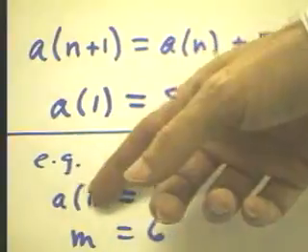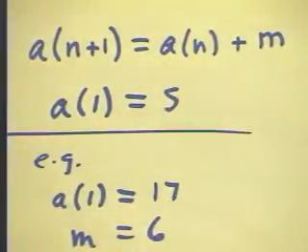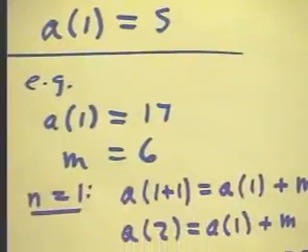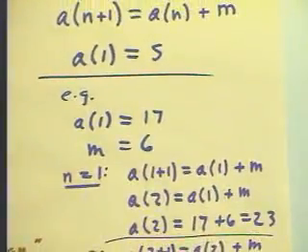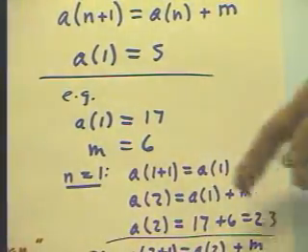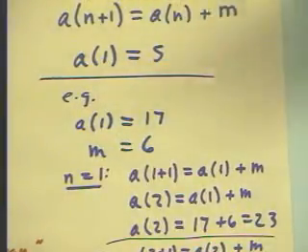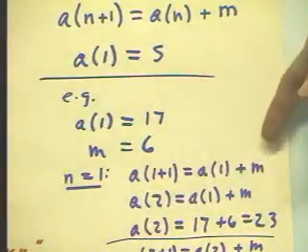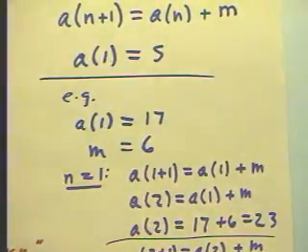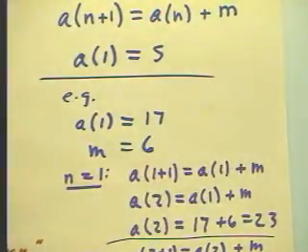So for example, if we have a_1 equals 17 and m equals 6, we can apply the rule as follows. For n equals 1, we're going to have 1 plus 1, so we're going to have a_{1+1} equals a_1 plus m. 1 plus 1 is 2, so this tells us a_2 equals a_1 plus m.